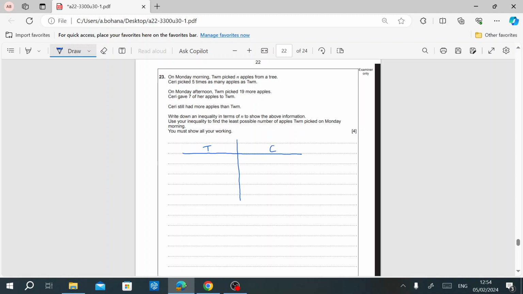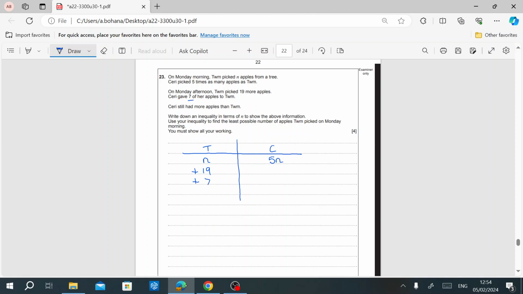So Tom picked up n apples from a tree one morning, and Kerry picked up 5 times as many. So she picked up 5n. If Tom picked up n, she picked up 5 lots of n. In the afternoon, Tom picked 19 more, so plus 19. And then she gave Tom another 7.